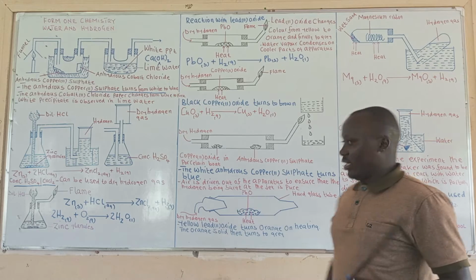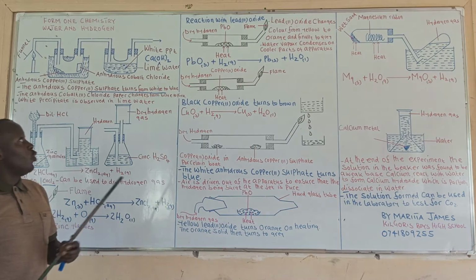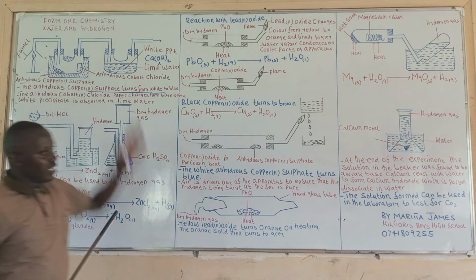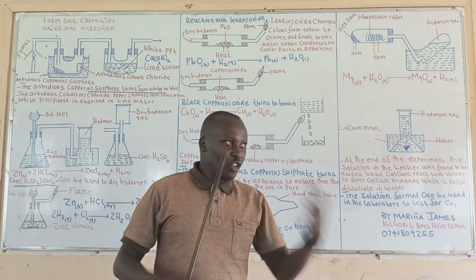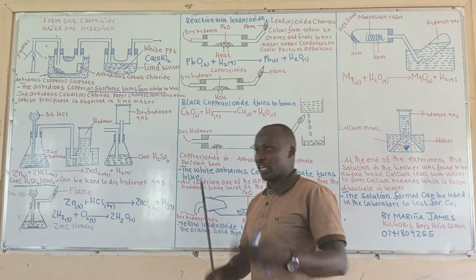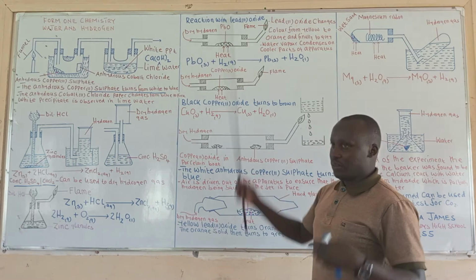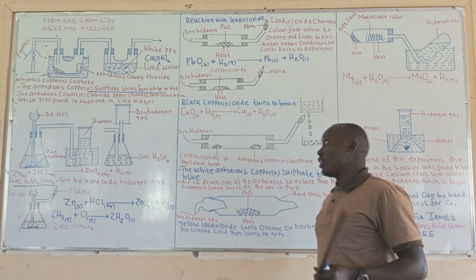We have now the other diagram where we have a reaction with lead oxide. That is now you talk of the properties of hydrogen. Hydrogen gas normally is a reducing agent. It can reduce the metal oxides to their respective metal. So in the first experiment, you can have a reaction with lead oxide. So what happens here?